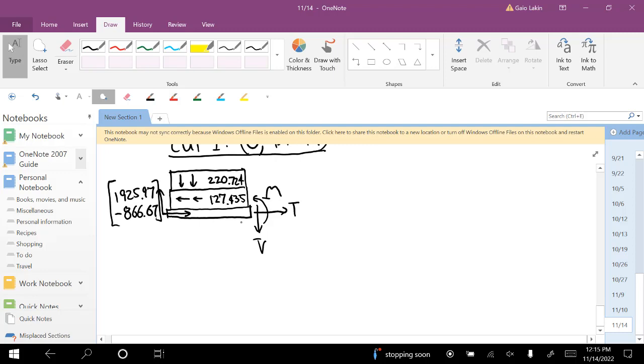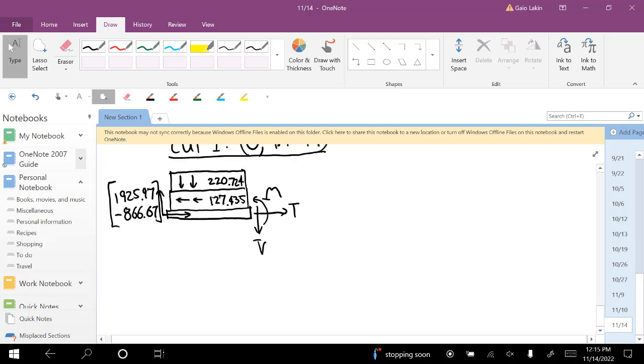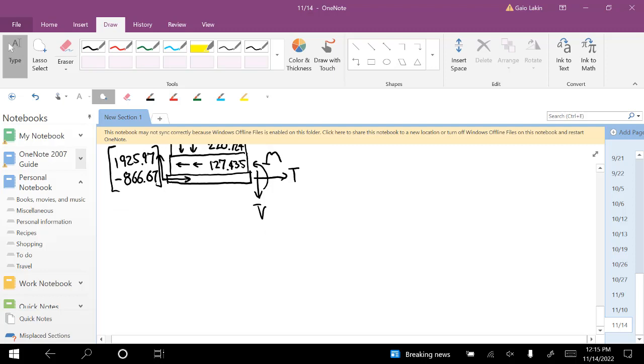The horizontal one isn't going to contribute to the moment at all, so where the centroid is, that doesn't matter. But you can think of both of these as rectangular distributed loads. So to get the total point force, you multiply the length by the distributed load.